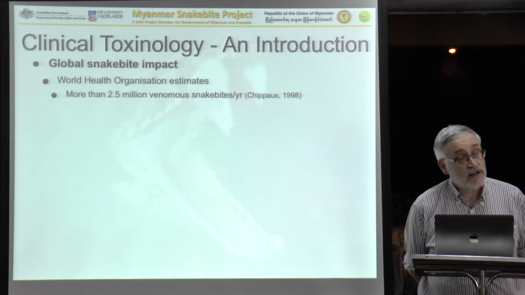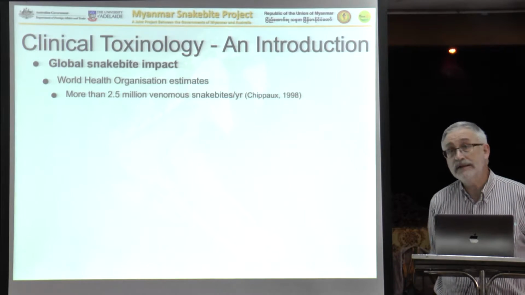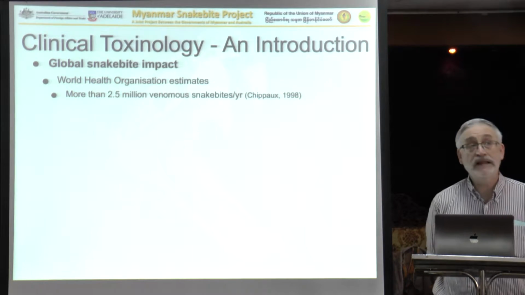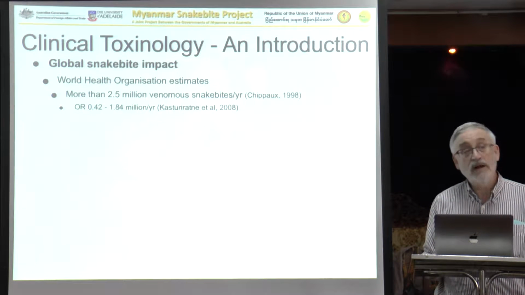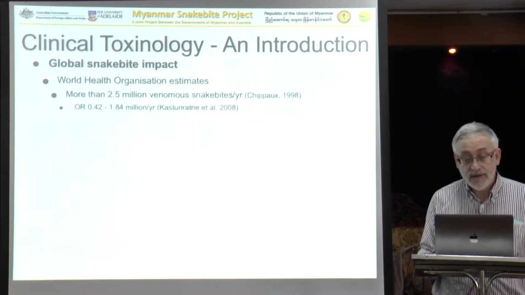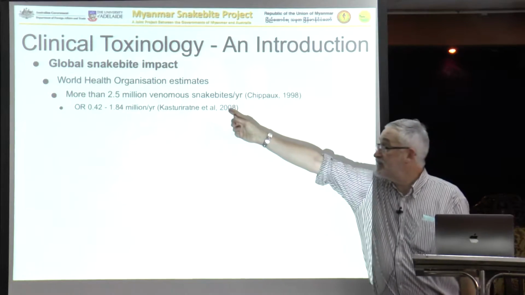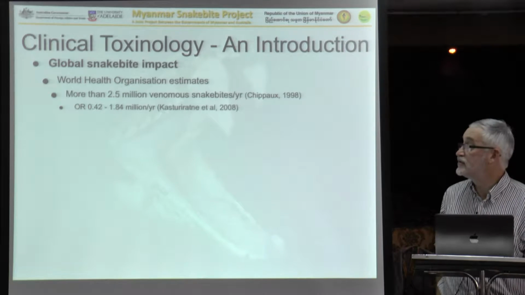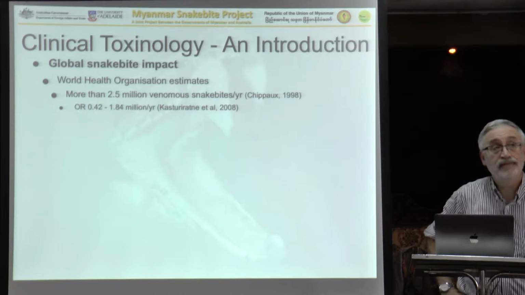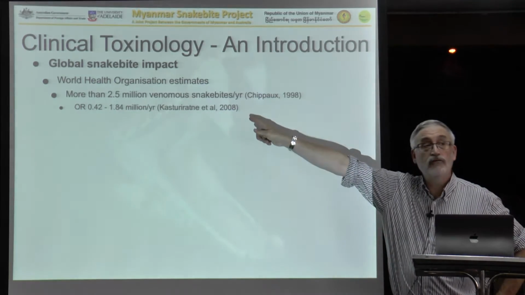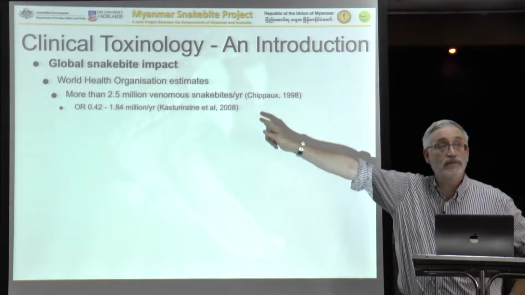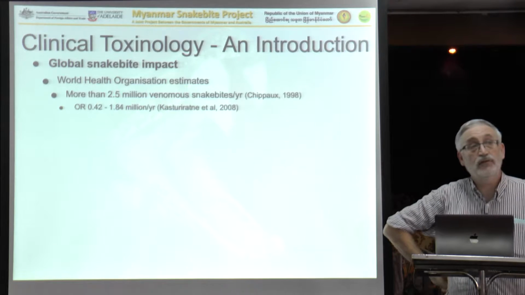We are fairly certain that the number of people bitten by venomous snakes is in the millions every year. We don't know exactly how many, but some of you may be familiar with this paper from 2008 by Kasturiaratne et al. This paper estimated a lower level of bites and deaths from snakebite than some of the previous studies.